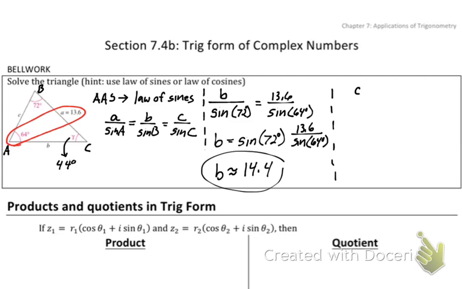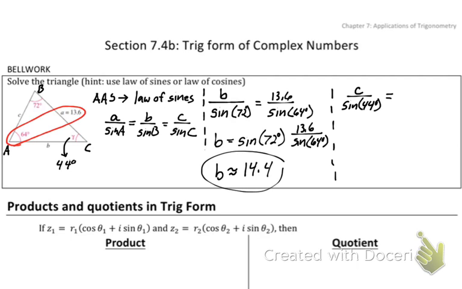So we're going to do C over the sine of 44 degrees. That's going to equal... I always just use the same thing. I use the 13.6 over this because that was given information. I know I didn't make a mistake on that. If you wanted to, you could use the B with the 14.4, but then you have to be 100% sure you got this one right.